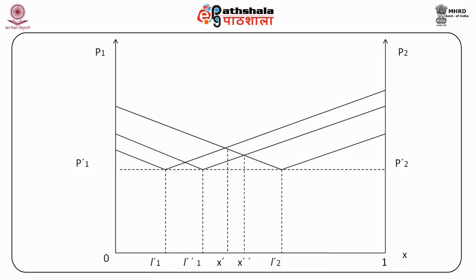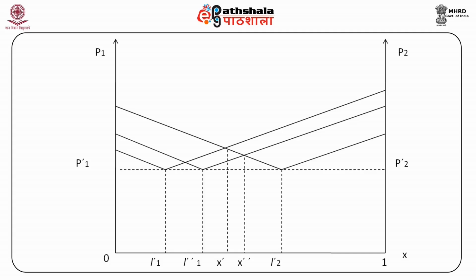When the location of firm 1 is such that L1 is equal to L1'', the demand is given as D1 equals X''. When the location is such that L1 is equal to L1', which is less than L1'', the demand is given as D1 equals X', which is less than X''.